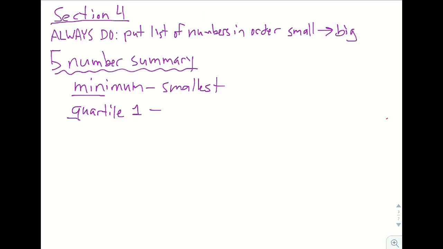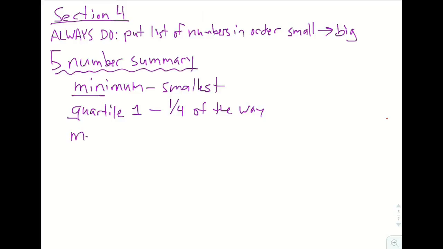And quarter is a fourth of a dollar. A quarter of anything is 1/4 of something. So going 1/4 the way through the list is where you're going to find the first quartile.